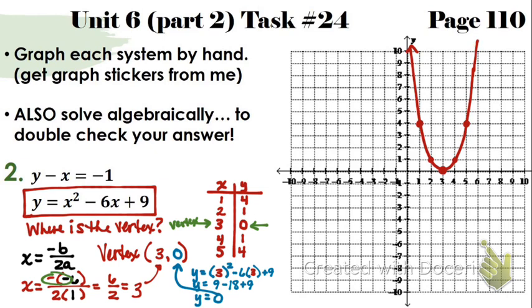And what do we still need to graph? We need to graph our linear equation. This is a straight line from point 2, 1, and 5, 4. All right. What is this thing in slope-intercept form? Yep, 1 plus x equals y. I'm going to add x to both sides because I want this in slope-intercept form if I'm going to graph it. Y equals x minus 1, right?